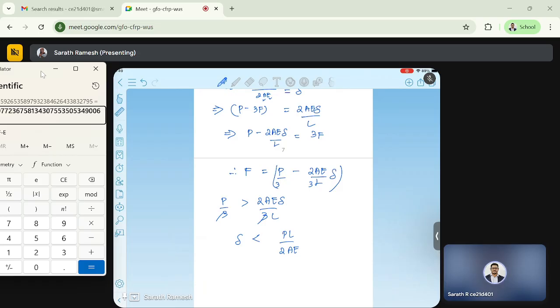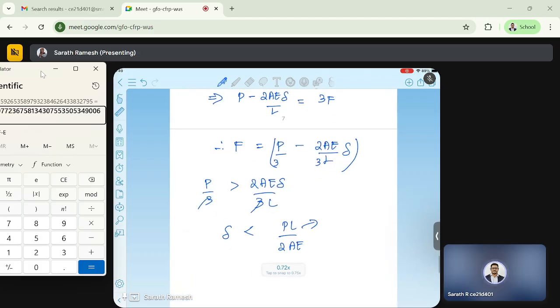This can be a question to you. But let's compute this value by the way. What is this? P is 100 into 10 power 3, L is 10 centimeters, so 100 by 2 into pi by 4 into d square is 100, into 200 into 10 power 3.